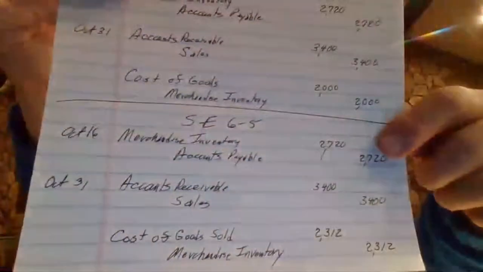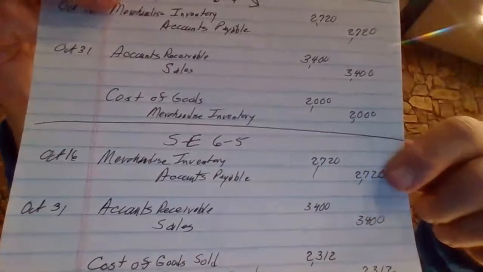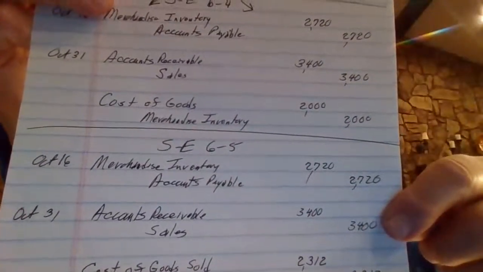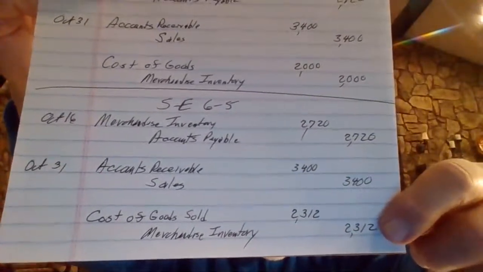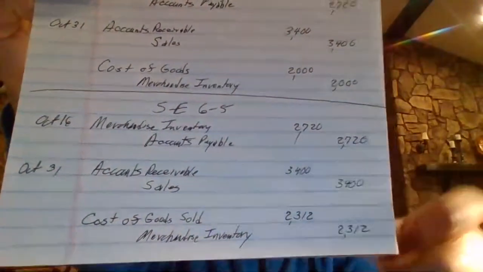Again, the purchase identical to the previous two methods. The sale identical to the previous two methods. The only thing that changes is the inventory that's going out to the customer, the cost, and the cost of goods sold, because we're using a different valuation method.